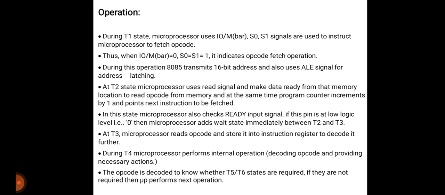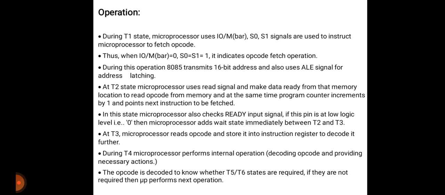At the same time, the program counter is incremented by 1 and points to the next instruction to be fetched. Also in this state, the microprocessor checks the READY input signal. If the pin is at low logic level, logic 0, then the microprocessor adds a wait state immediately between T2 and T3. Then it switches to T3.